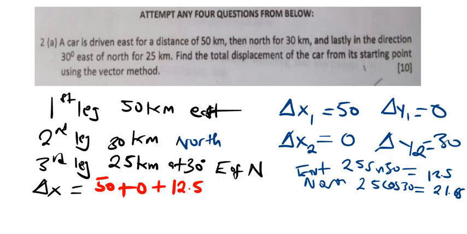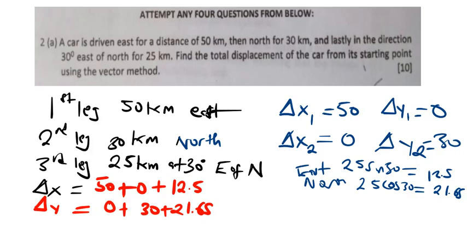Okay, then what about for the y component? Change in y, in this case, we have 0 plus, what other thing do we have? We have 30 plus 21.65.